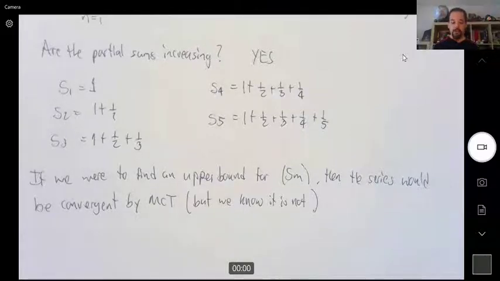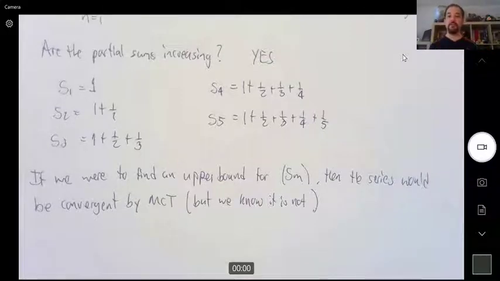The point that I'm trying to make here is that thanks to the monotone convergence theorem, if you have a series made up of positive terms and you want to check convergence, all you need to check is if the partial sums are bounded.